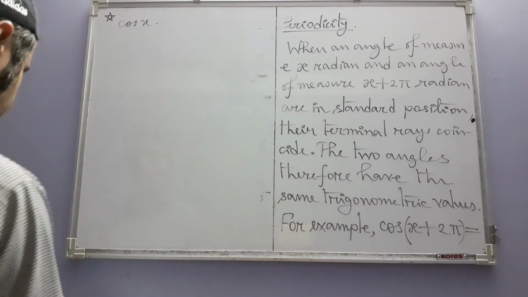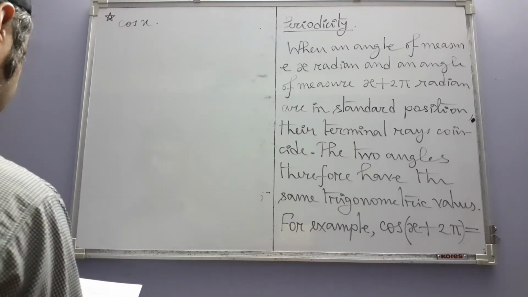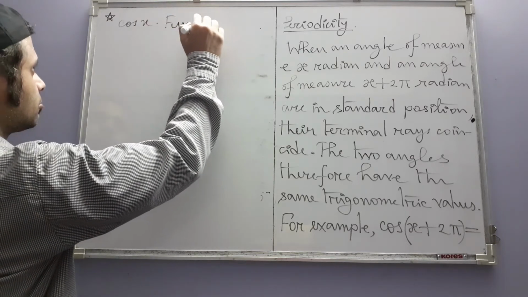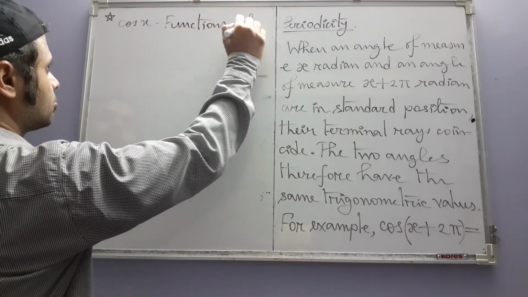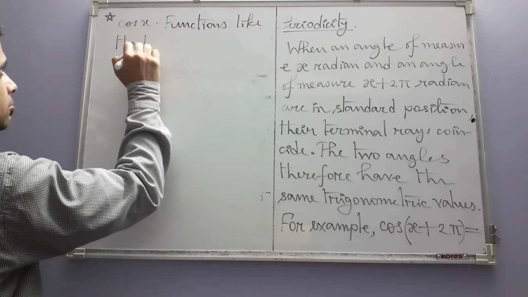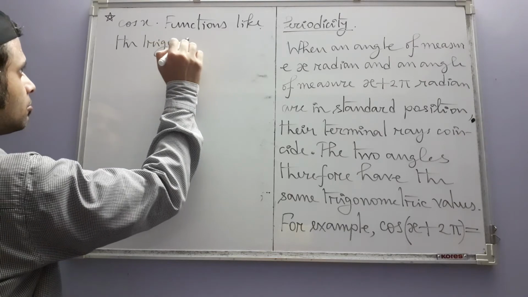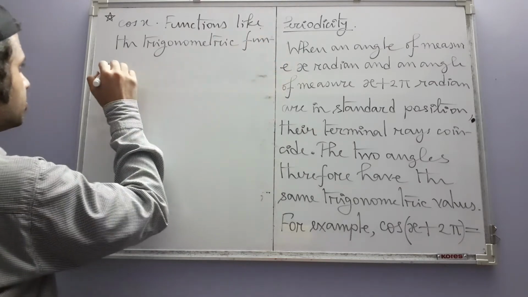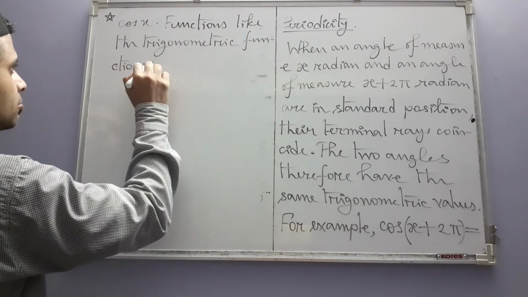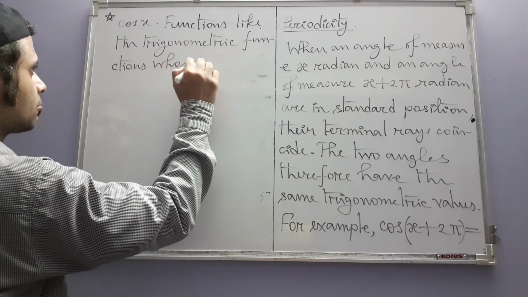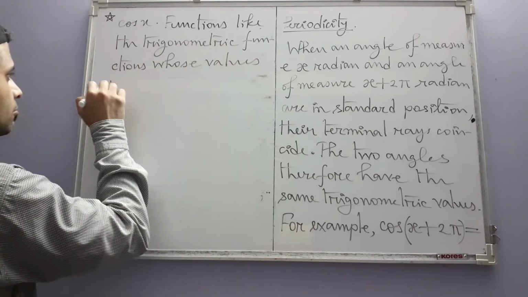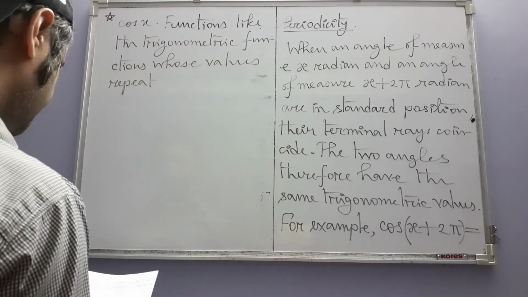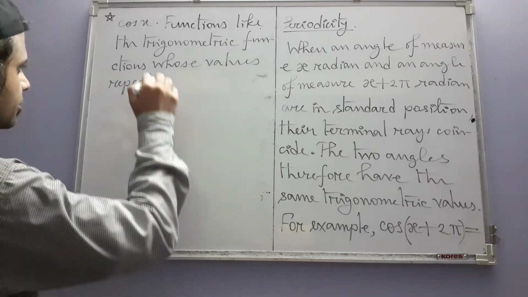Equal to cos x. Functions like the trigonometric functions whose values repeat at regular intervals are called periodic.